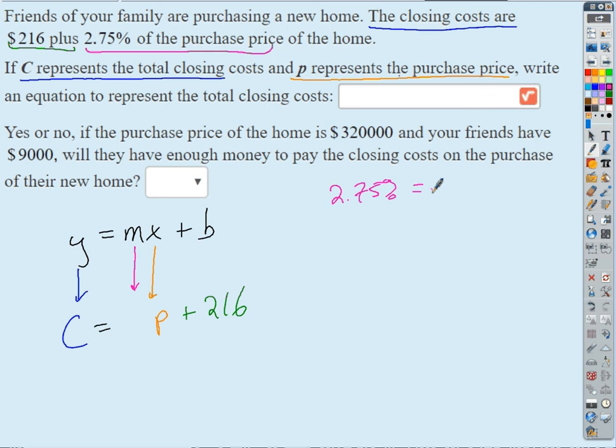Got to go to the left by 2 places, so I've got my 2.75, and I've got to scoot over 2 places. So I need to add a 0 there, don't I? And it's always a good idea to add a 0 in front, just so we don't miss the decimal. But it's kind of optional, right? And so there's our percentage written as a decimal, and so that's going to be 0.0275 goes in front of the P. That's it, right? That's kind of messy. Let me clean that up.